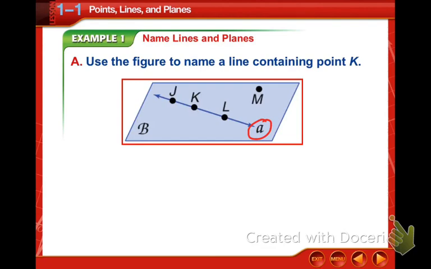That's giving us a name for it. And when you're naming lines or segments or rays, you can use any 2 points on that line. So we can use KL, we can use LK, go the other way. We can use JK, and we can use KJ. Or we can use the other pair, JL or LJ, either way.